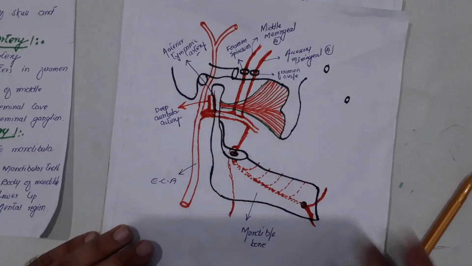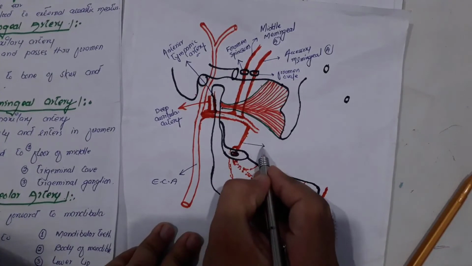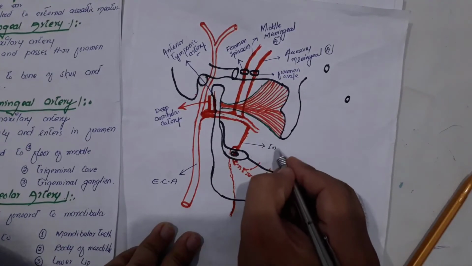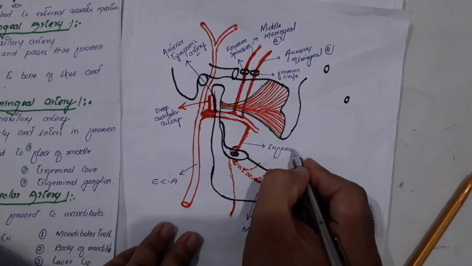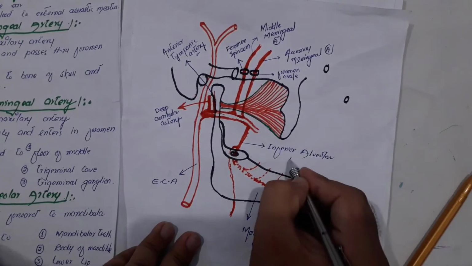So this artery is the inferior alveolar artery. This is our inferior alveolar artery.